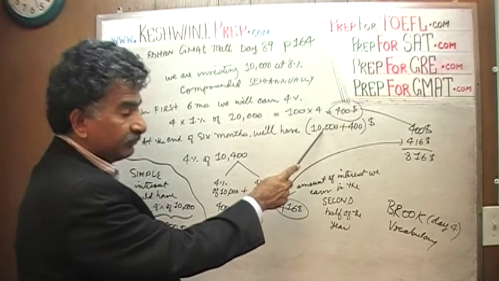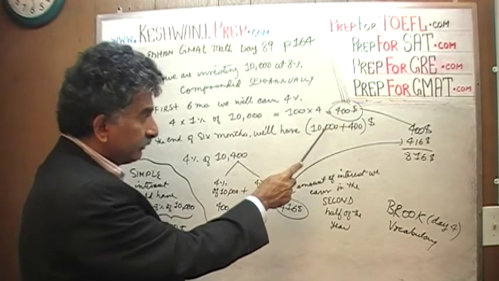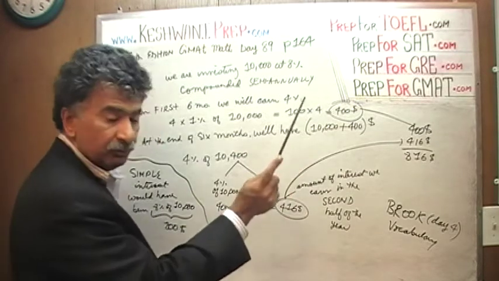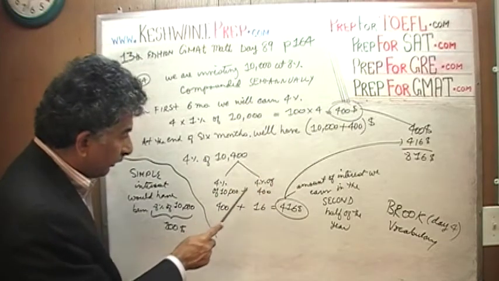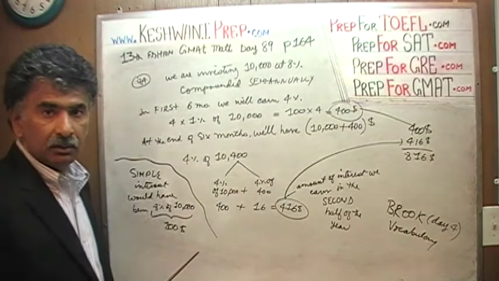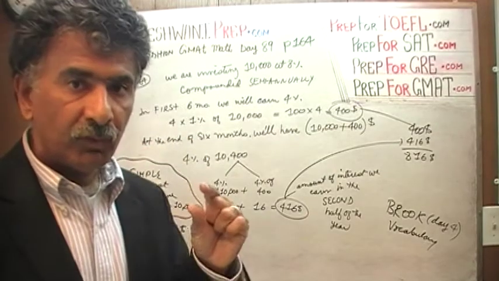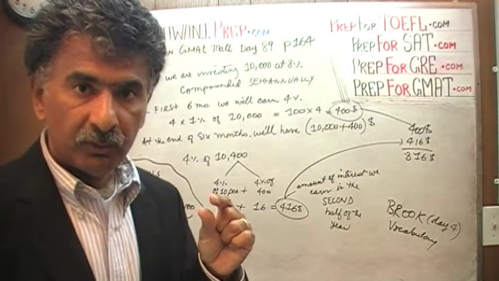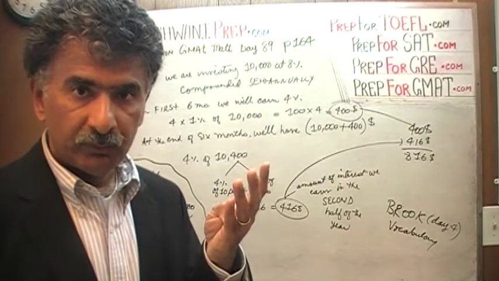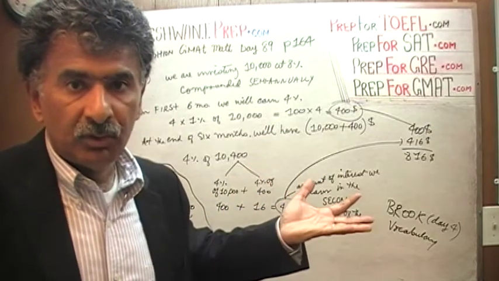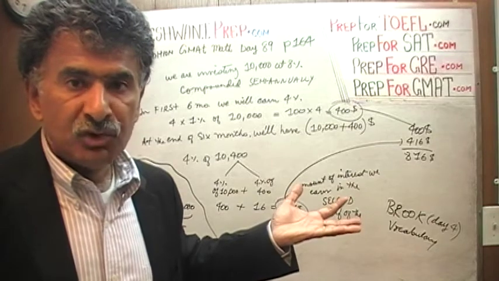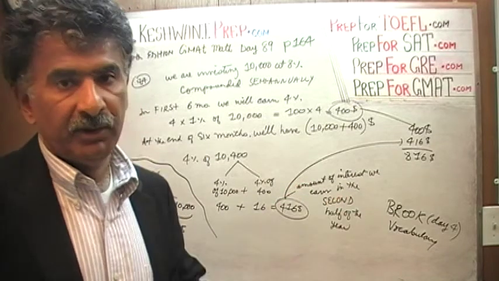Instead, in addition to earning 4% of 10,000, you're also earning 4% of 400, because you have an additional $400 in your account at the end of 6 months. So 1% of 400 is 4, so 4% of 400 is 16. That's the extra amount that you're going to earn by virtue of money being compounded semi-annually.